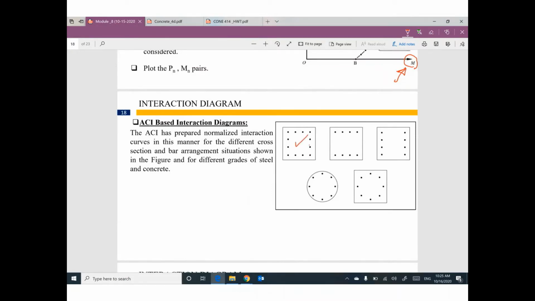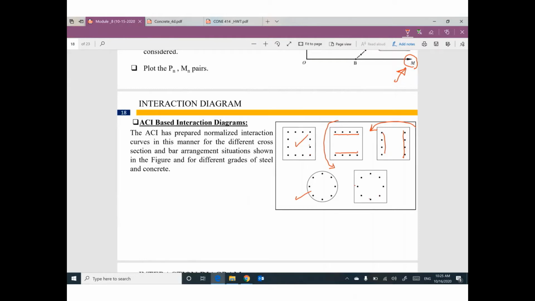Sometimes we put reinforcement on this side and this side because the moment is applied like this, or on this side and this side if the moment is applied like this. Or if your column is a circular column. Or sometimes your column is a square, but your steel reinforcement is distributed in a polar pattern.